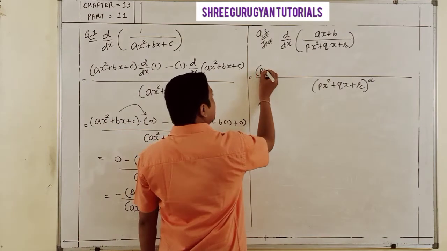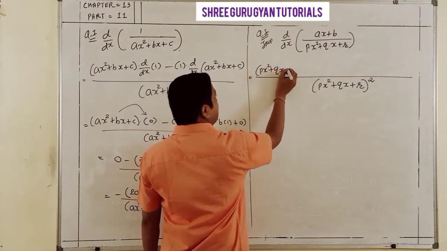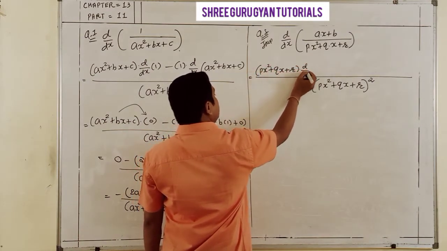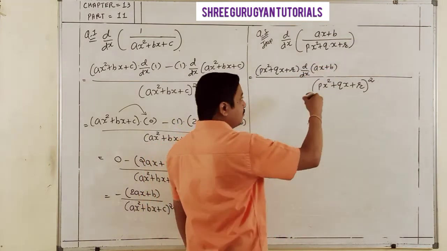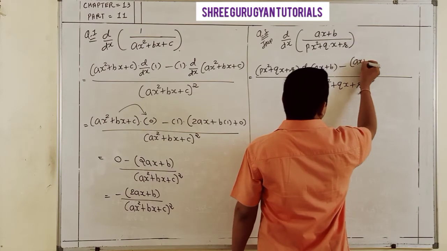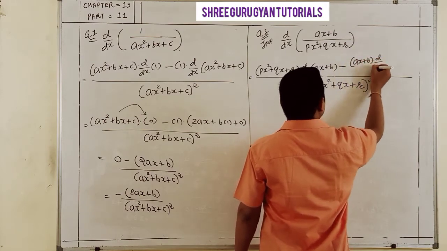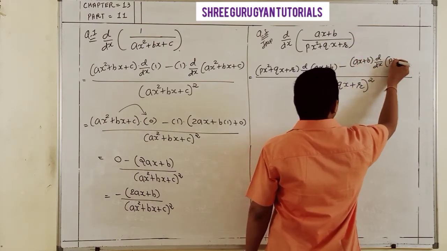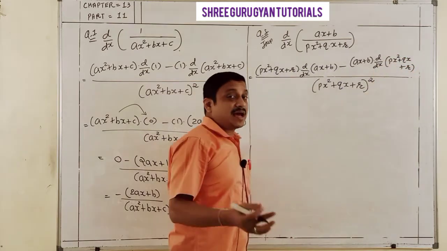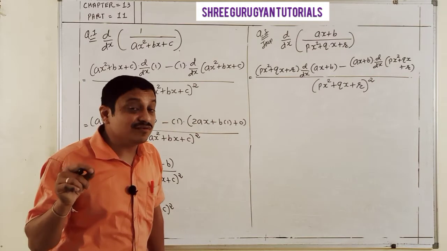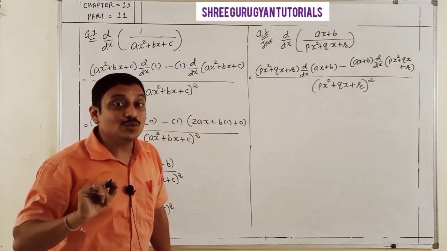Now in the numerator, the denominator value first times d/dx of ax plus b, minus ax plus b times d/dx of the denominator px square plus qx plus r. Simple, I operate here with the division u by v rule.